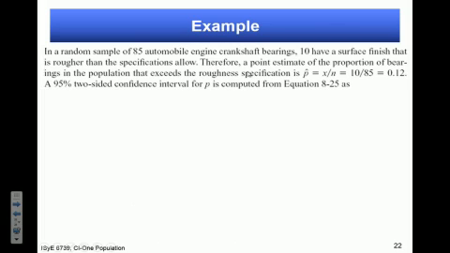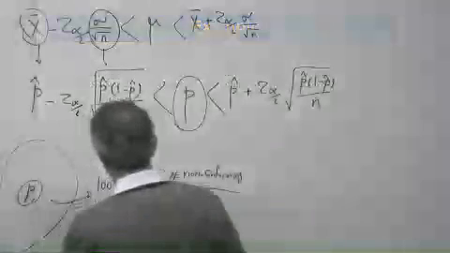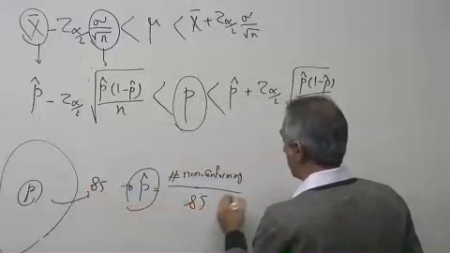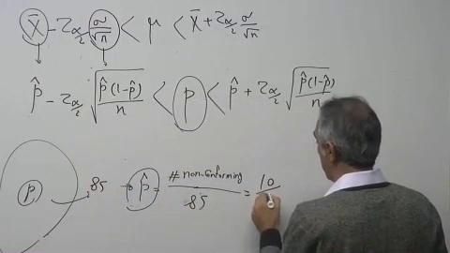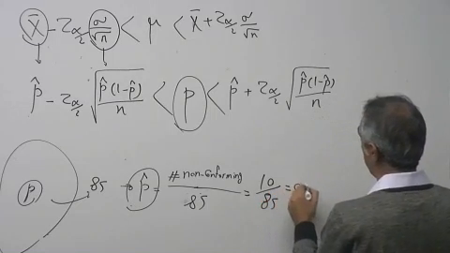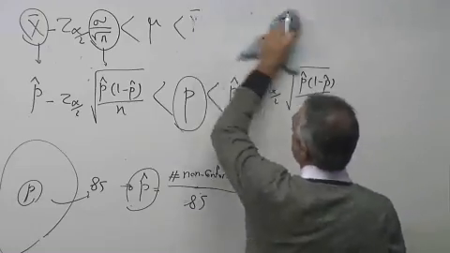And the point estimate for that is 10 divided by 85, which is 0.12. So we want to have a two-sided confidence interval. So based on 85, I get 10 divided by 85. This was 0.12.